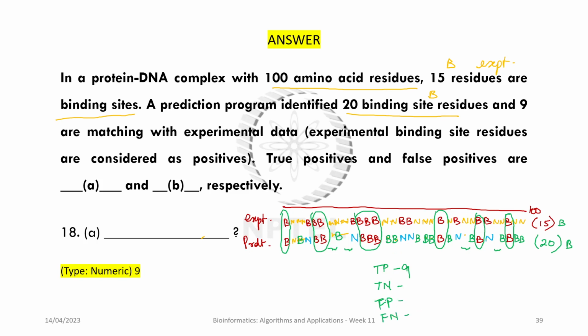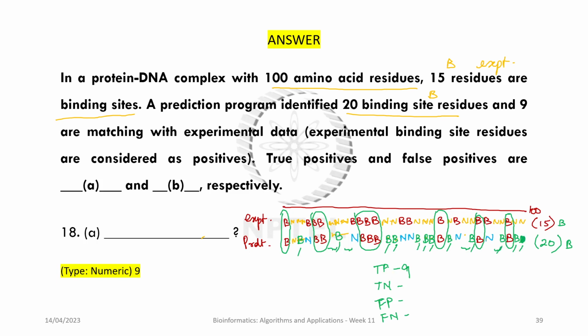So when is it a false positive? When you have a prediction that says it is B, but you have N on the other side. So all the green Bs here are false positives. It should be 11, but I've made some mistake in the addition. First I had the right number and then I put one extra.